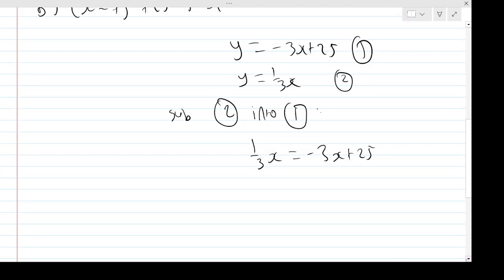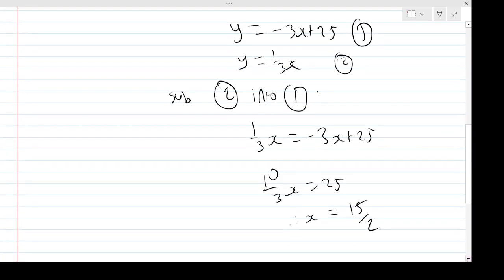Well then, if I add the 3x, 3 add a third, gets to be 10 over 3x equals 25. Therefore x, if I divide 25 by 10 over 3, I get x is 15 over 2. Therefore, to find the y value, I can substitute x into either equation.